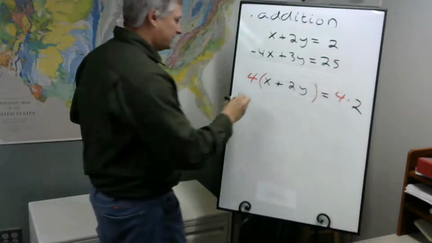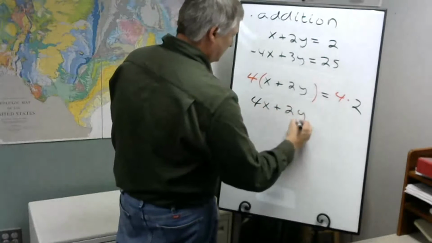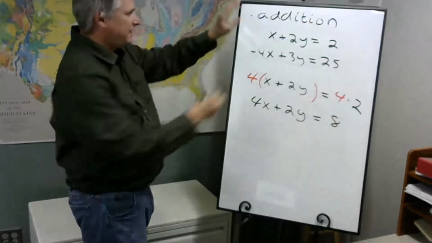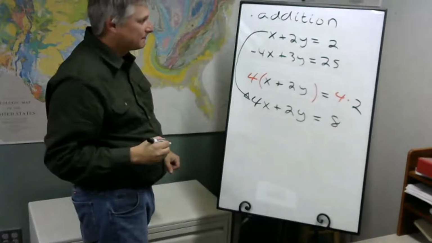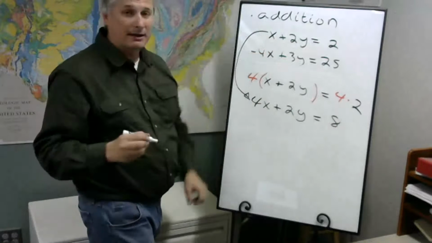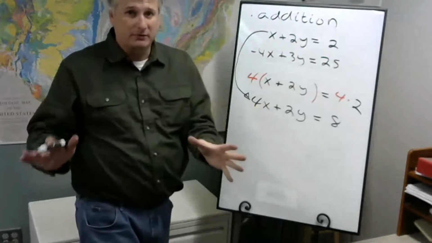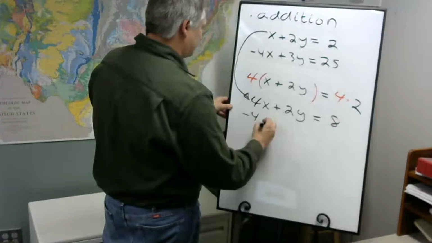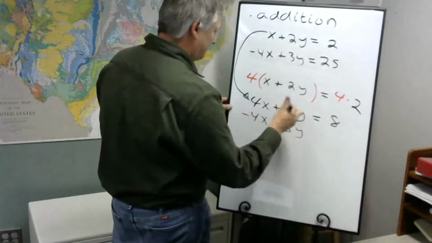And so that's going to give us 4x plus 2y equals 8. So this has now become that. We multiplied everything by 4. And again, we did the same thing to one side as we did to the other. So this is perfectly fine. Now we take this equation, the second one. Oh, and this is 8y.